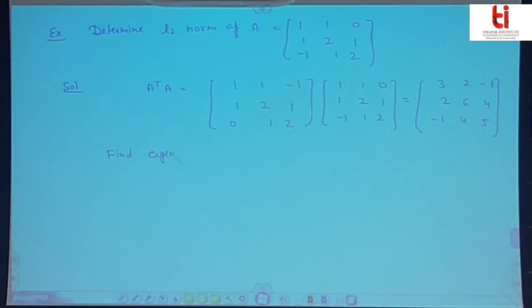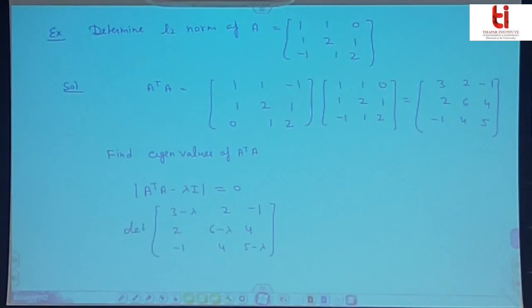eigenvalues of A transpose A. So the determinant of A transpose A minus lambda I is equal to 0. It is coming out to be 3 minus lambda, 2, -1, 2, 6 minus lambda, 4, -1, 4, 5 minus lambda.